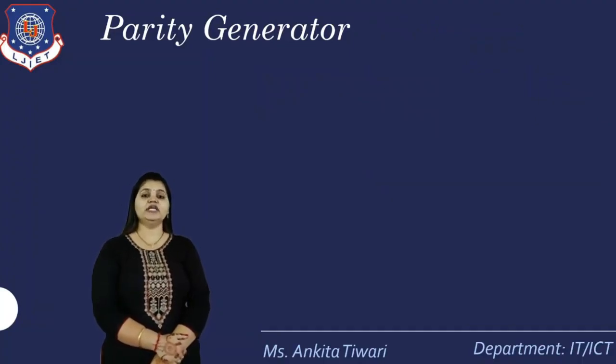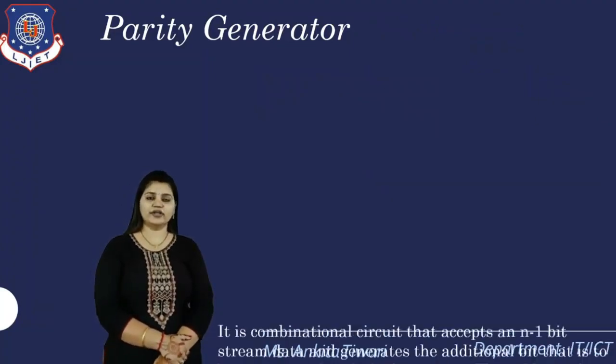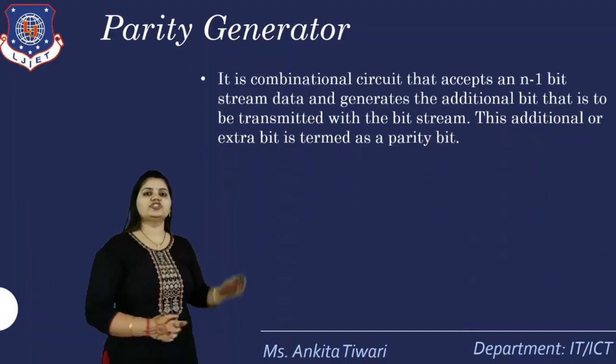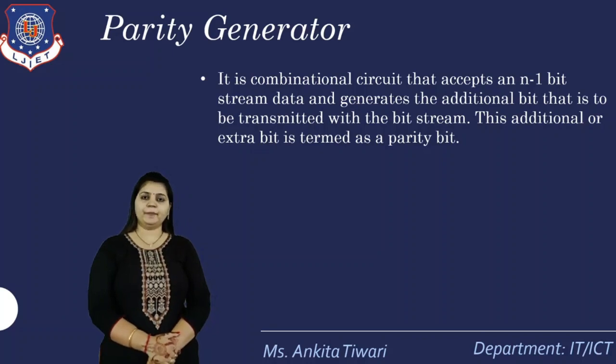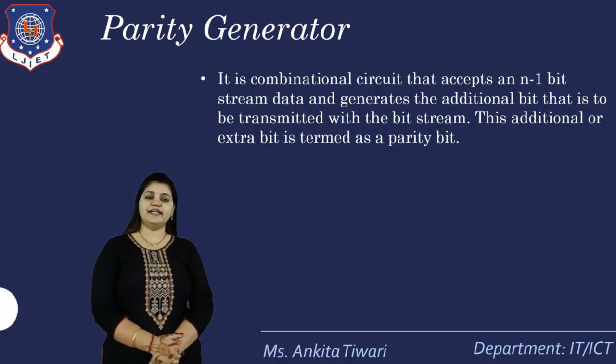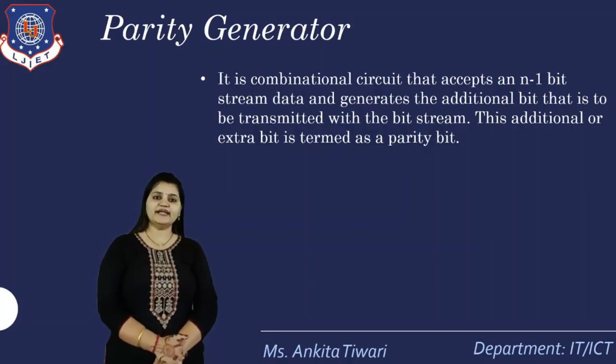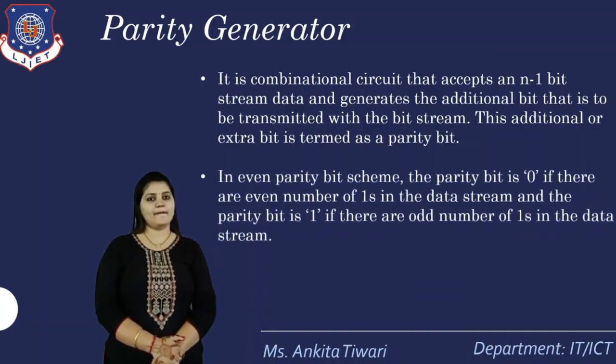Now we'll start with the topic parity generator. What do you mean by generator? A generator is a combinational circuit that accepts an n-bit data stream and generates an additional bit that is to be transmitted with the bit stream. This additional or extra bit is termed the parity bit.